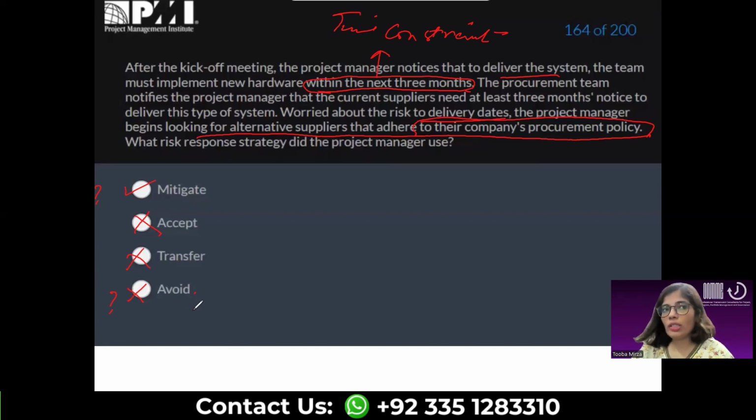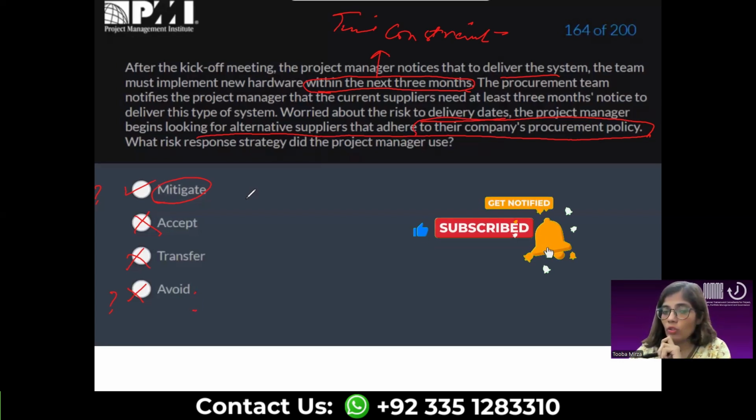Avoid means you are changing everything in the plan, every factor, resources, everything, to make sure that you are eliminating this risk of non-compliance to the company policy. No, you are not doing that. You are trying your level best to find new suppliers who could adhere to the company policy and who could deliver within the time constraint of 3 months.